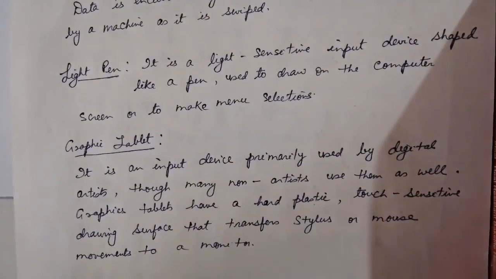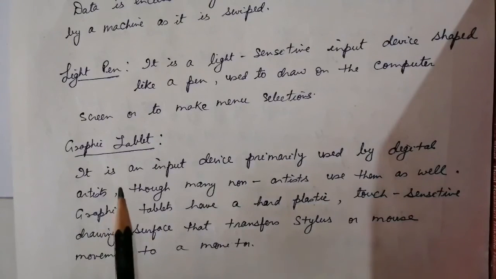Then there is the graphic tablet. A graphic tablet is mainly used by digital artists, graphic artists, designers, and digital painters who are preparing backgrounds for movies and so on. Digital artists use it, and common people also use this graphic tablet.